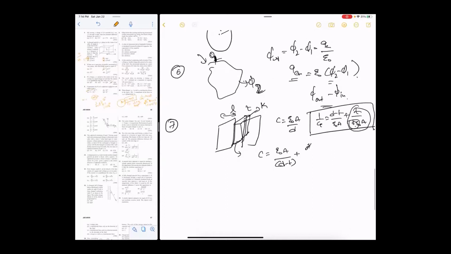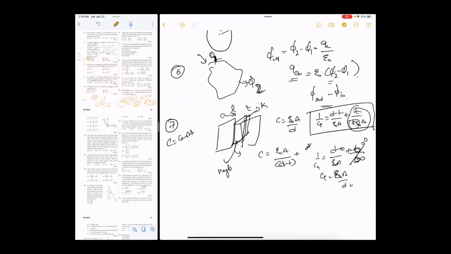But in this case, T also is 0 because of negligible thickness. So 1 by C equivalent is D minus 0 by epsilon naught A plus 0, because it is T by infinity. So this becomes 0. So C equivalent still remains the same, epsilon naught A by D. When you introduce a thin metal slab, C remains the same. C is constant.